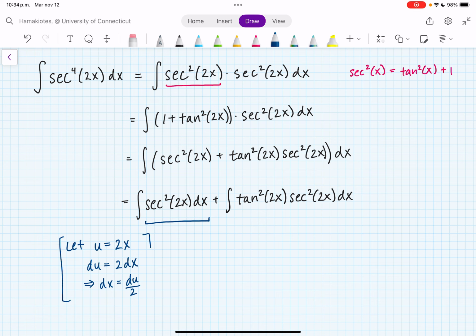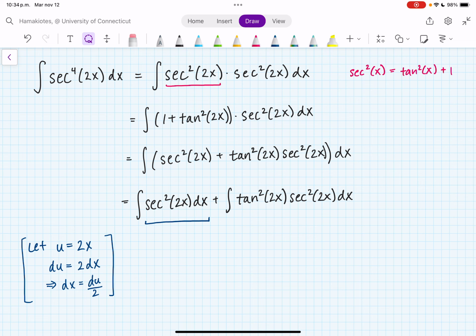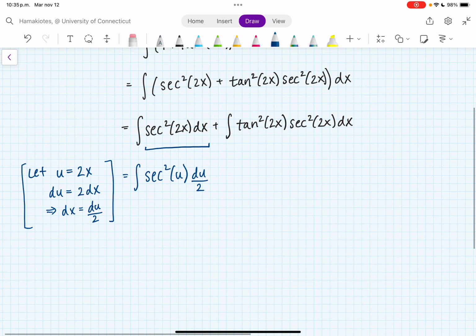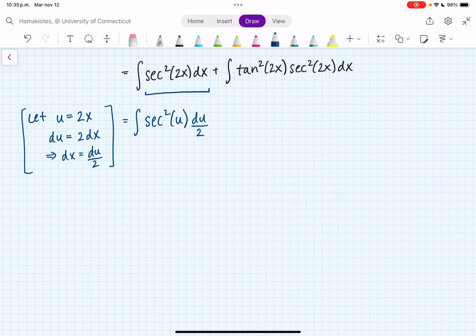So now, putting this aside, I can rewrite this integral. It's the integral of secant squared of u, and then dx is just du over 2. So I can factor out that 1/2. So I have 1/2 the integral secant squared of u du.